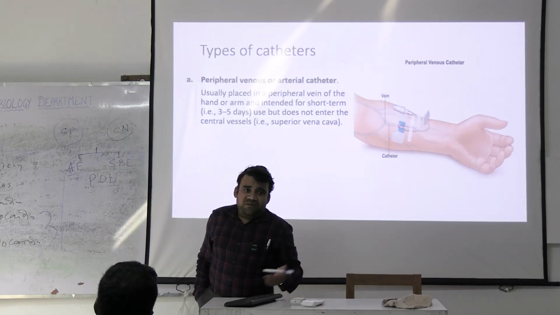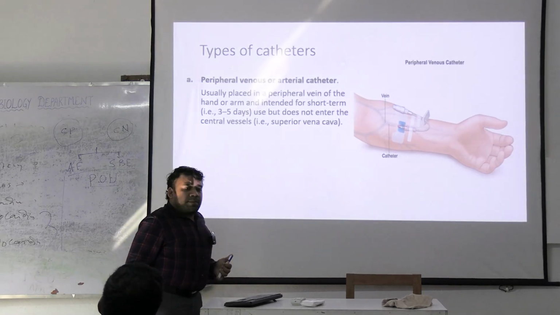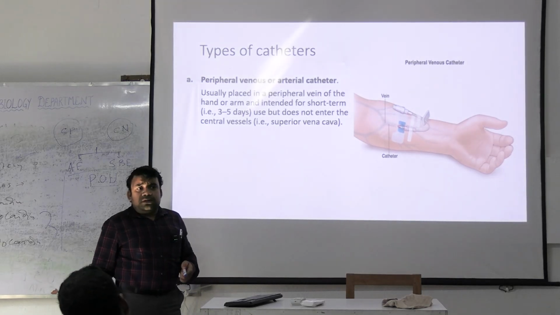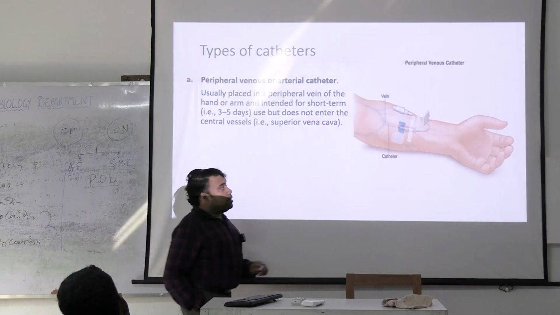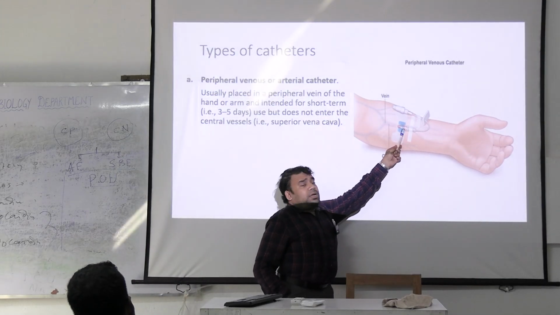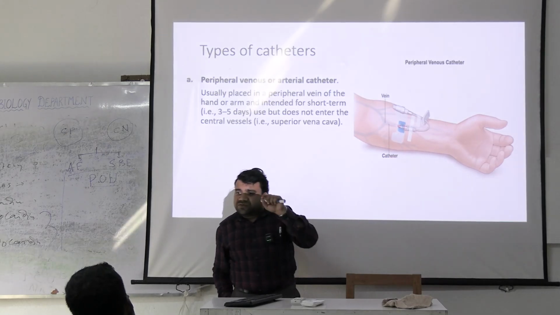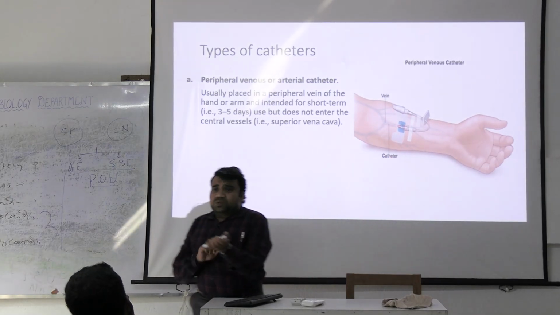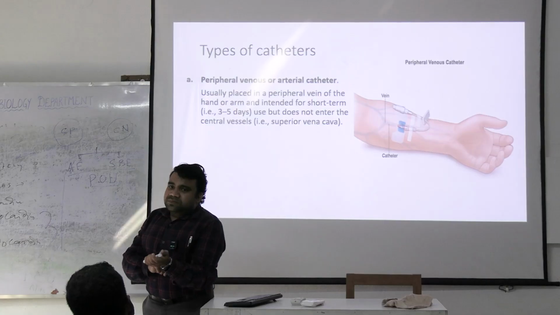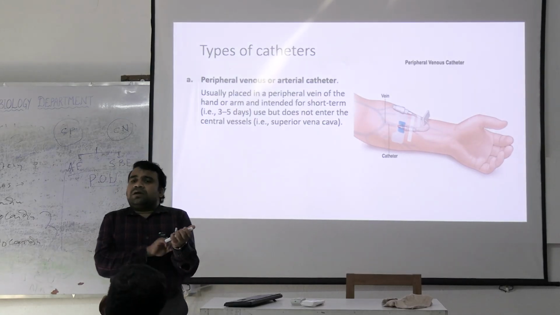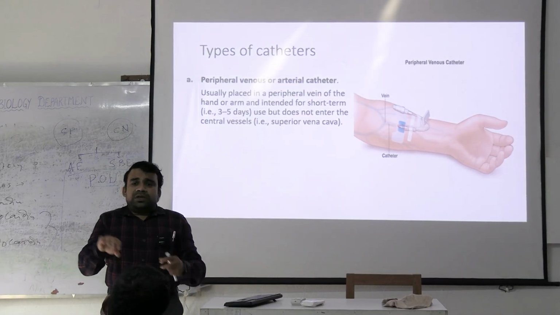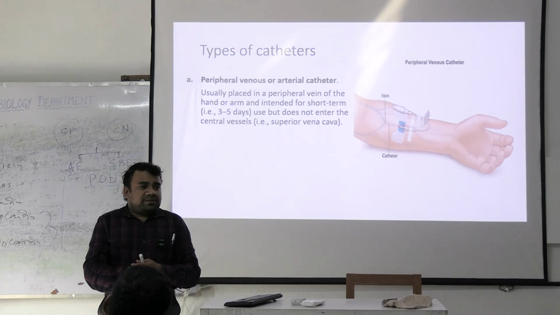IV cannula, very common. Now, what happens is if this gets infected, it is very commonly infected by the skin commensals. And there will be inflammation of the veins, and the veins will get blocked. So you have seen your seniors taking out the cannula and putting a new cannula on the other site.